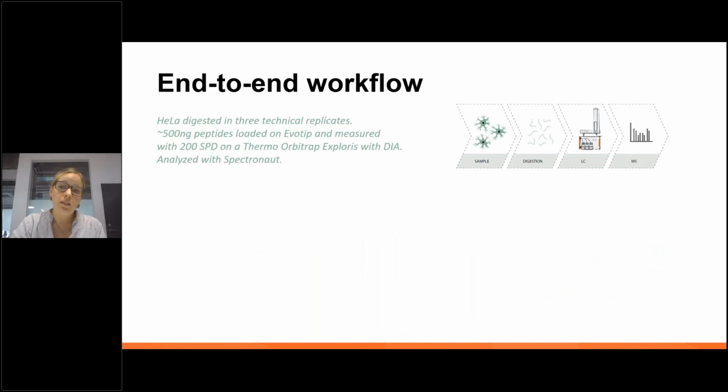So as a final experiment, we tried to do this end-to-end workflow on the Opentrons. So from a HeLa lysate, we digested and then we analyzed them with a 200 SPD, where we loaded 500 nanogram of peptides.